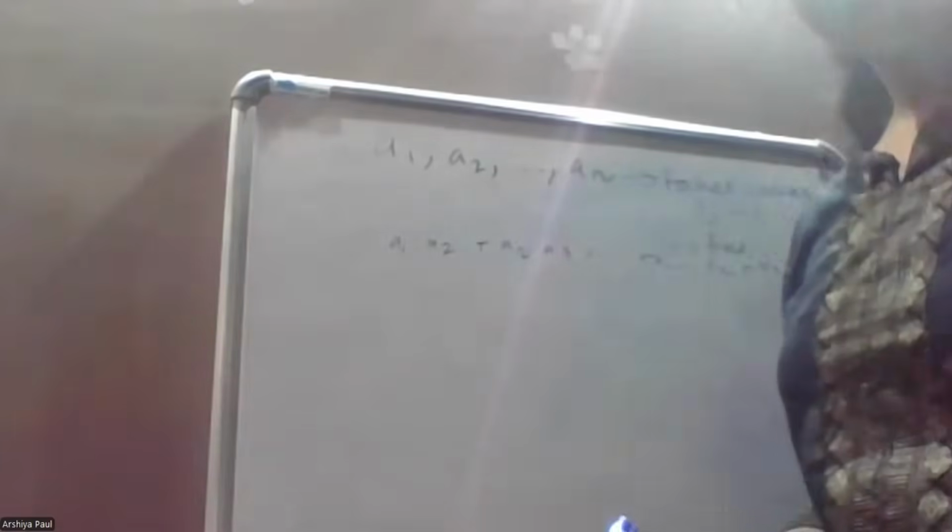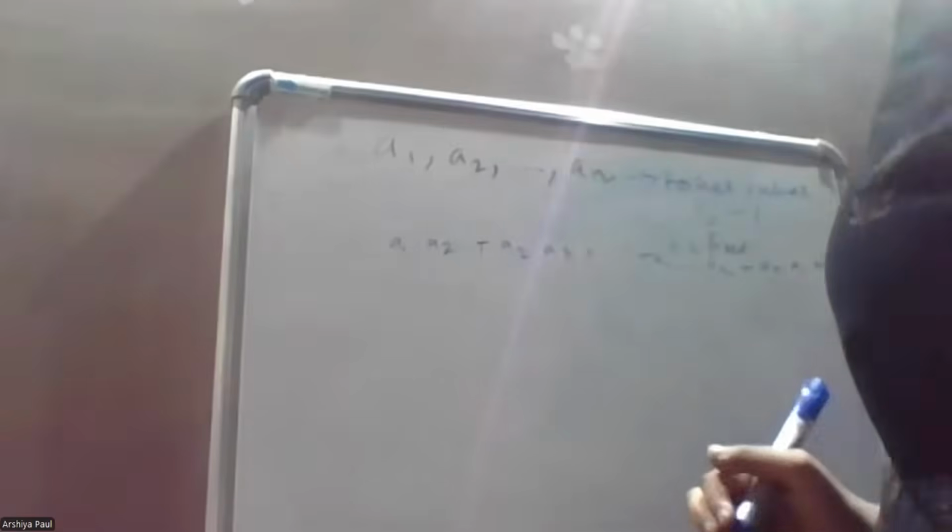I think n is even. Okay. Why? Why is n even? So there are basically n terms in this sum.